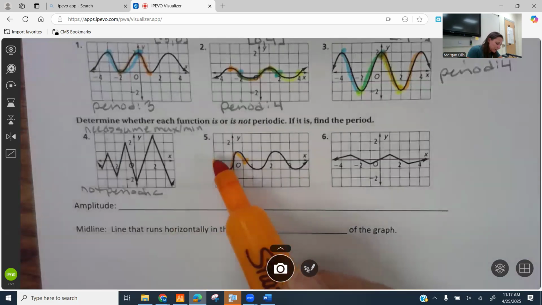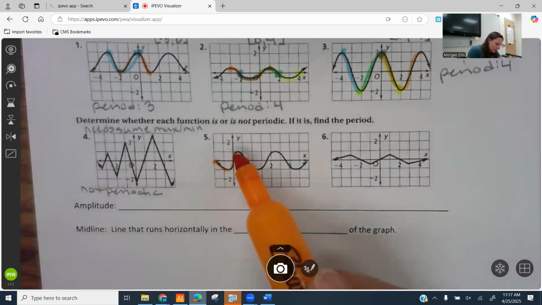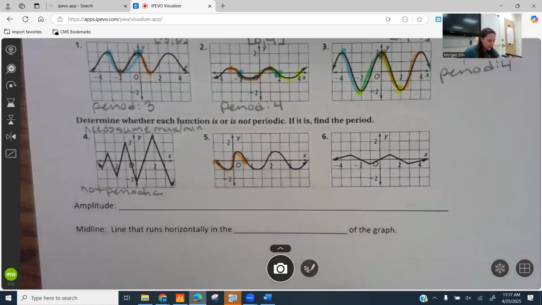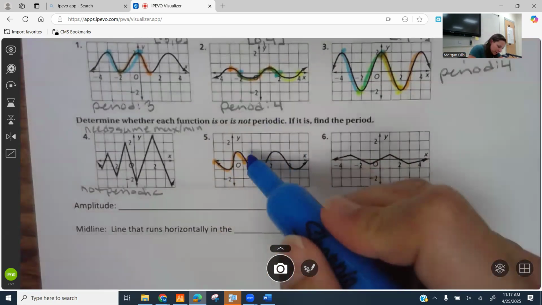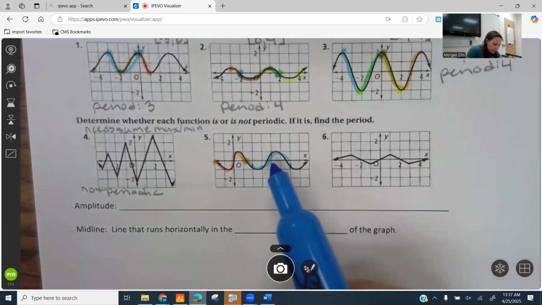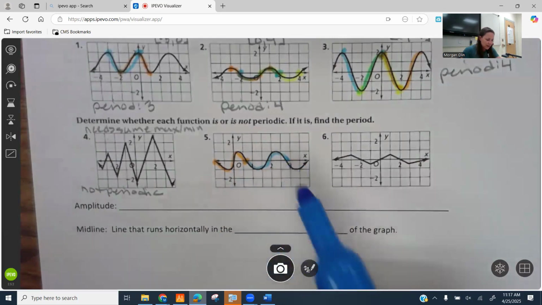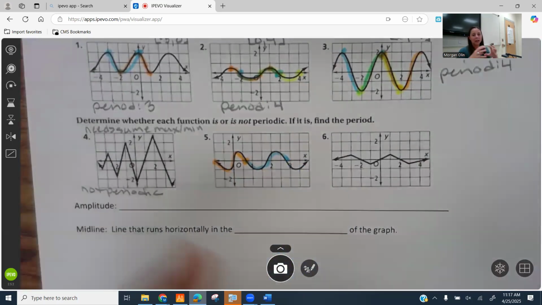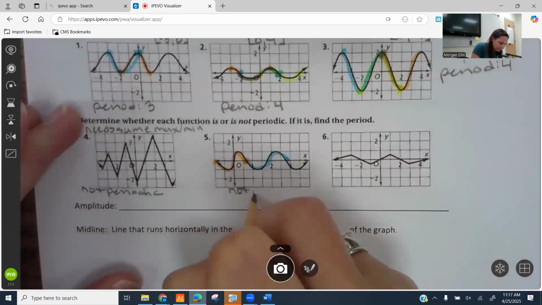So this would be a half and a half, make 1, and then another half would make 1.5 and then a little bit. Okay, well, look right here. Here would be another cycle of it. Okay, but do you notice this is more boxes? 1, 2, 3, and then some. So it looks like it's actually getting wider. So this one is not periodic again.